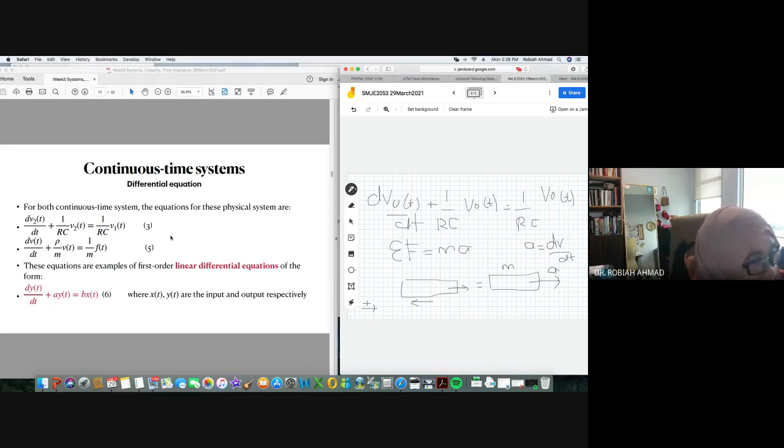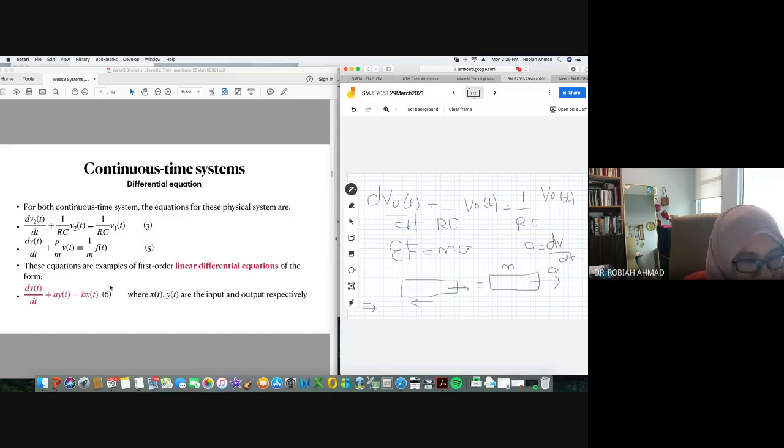So usually we represent that system as a linear differential equation if it is a continuous time system. These equations are examples of first order linear differential equations, because we only have first derivatives.